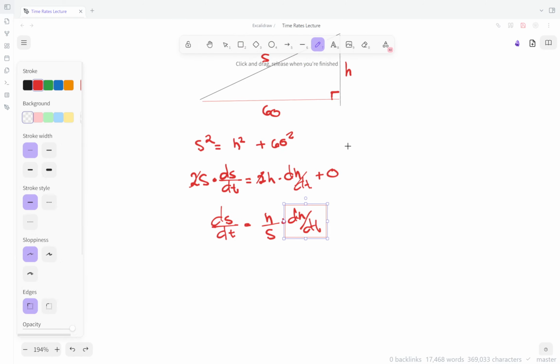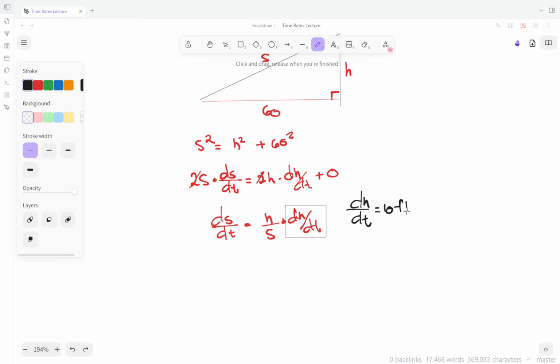So dh/dt, the rate of the height with respect to time, is equal to 10 feet per second. When we solve, we usually don't include the units. It's a good practice to do so, but just to make our lives easier in this lecture, let's not write the units first and just be confident that the units will agree in the end.